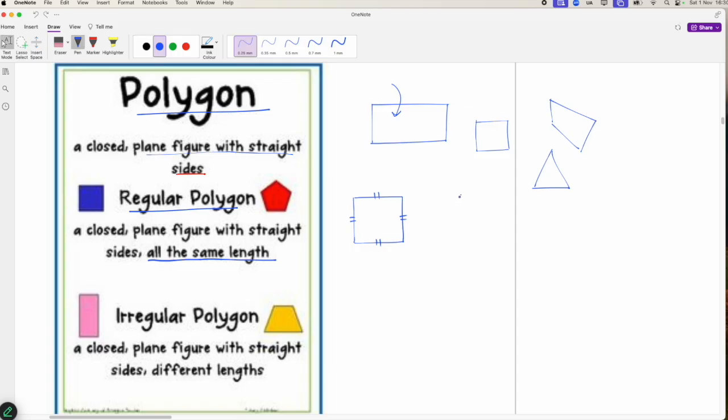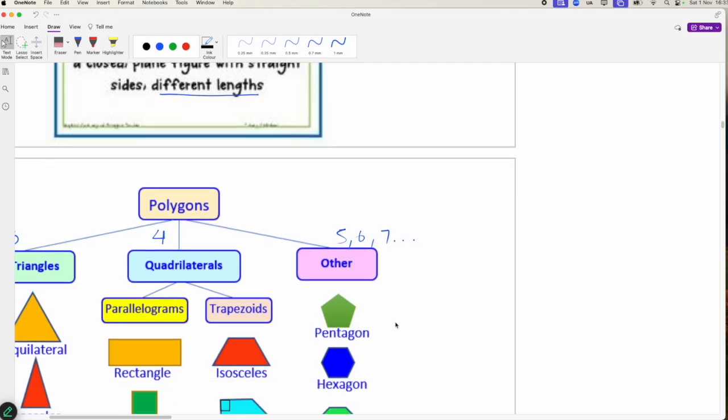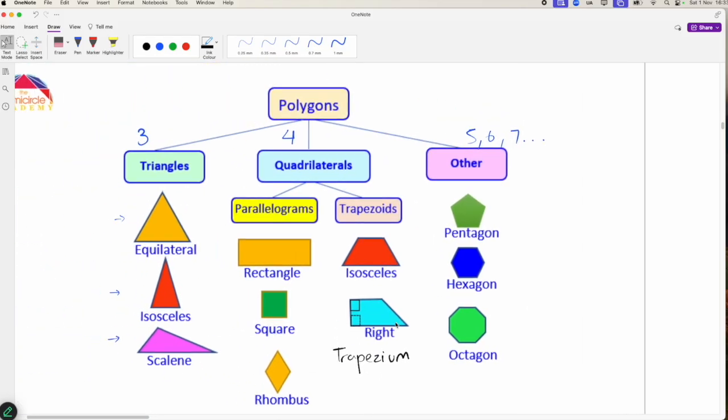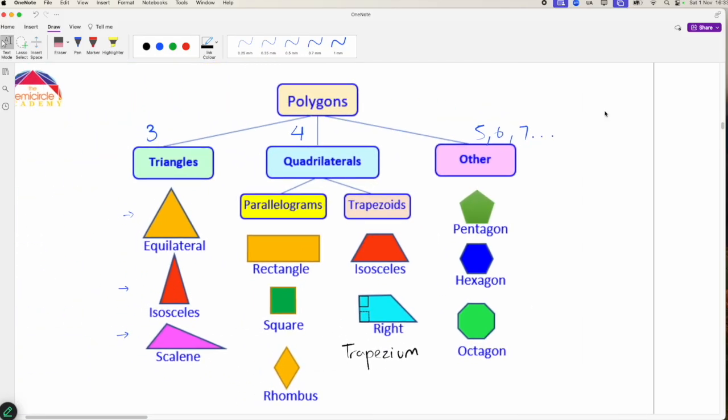We can have some types of triangles that are regular polygons, and some types of triangles that are not regular polygons. So a regular polygon is when all of the sides are the same, and an irregular polygon is when you have different lengths for the sides, right? So these are essentially the classes of all of the polygons.